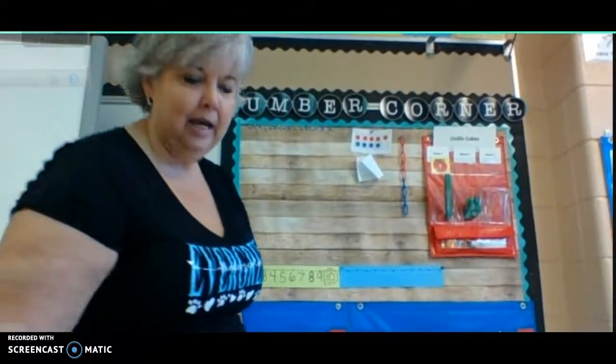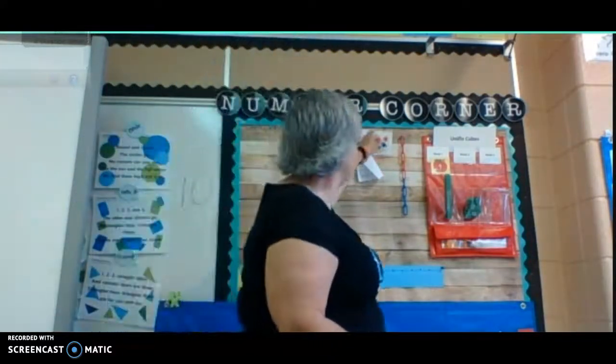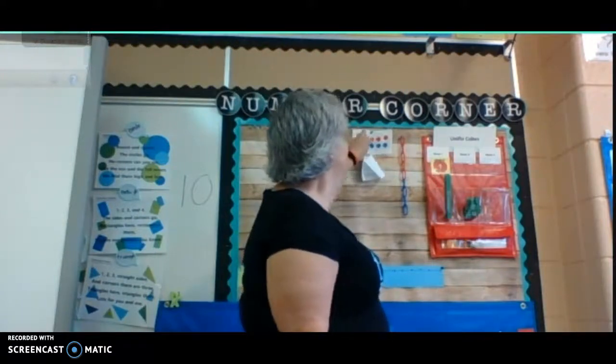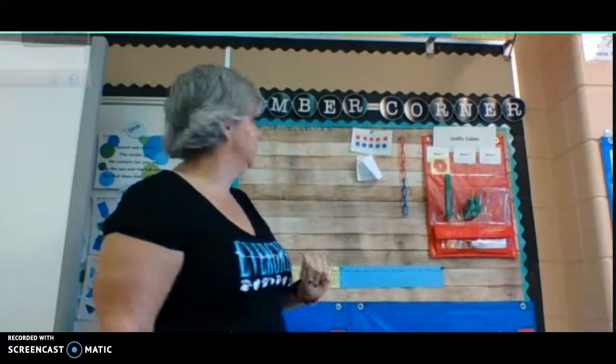So we need to add a blue dot to my nose. No, that's not where it goes. It goes on the 10 frame, sillies. So if we look up here, we have 1, 2, 3, 4, 5 red dots and 1, 2, 3, 4, 5 blue dots. So 5 and 5 make 10.